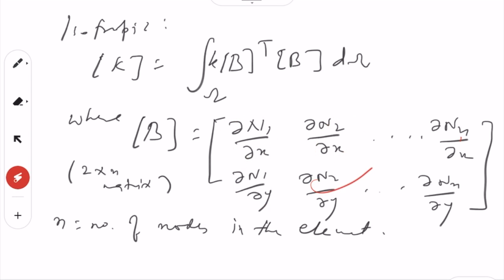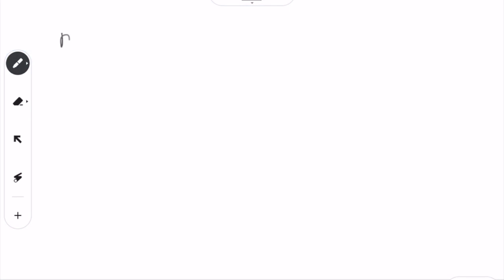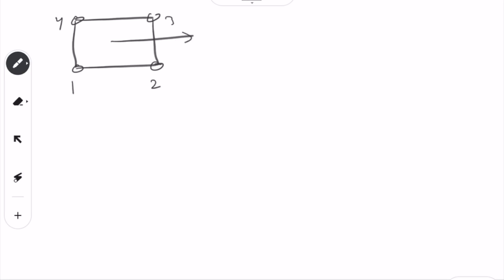So we look at the 4 noded rectangular element, and we'll try to see what the form of that is. For us the rectangular element is like this: 1 2 3 4.